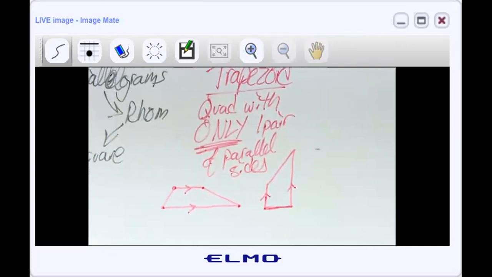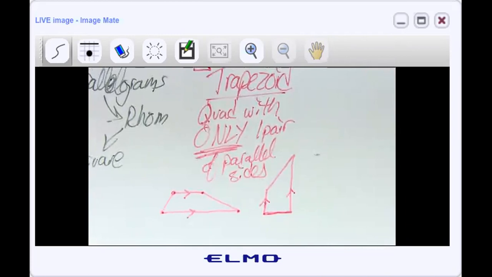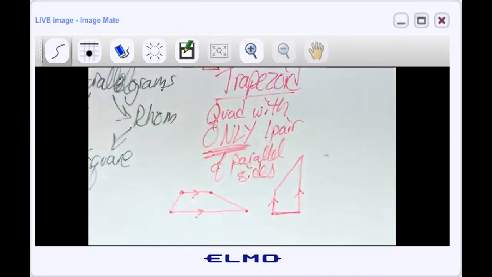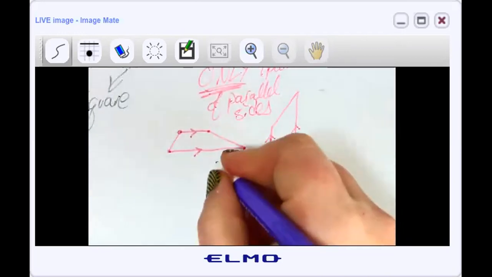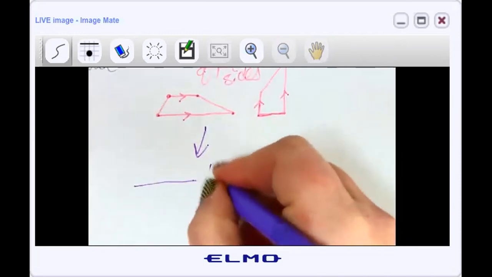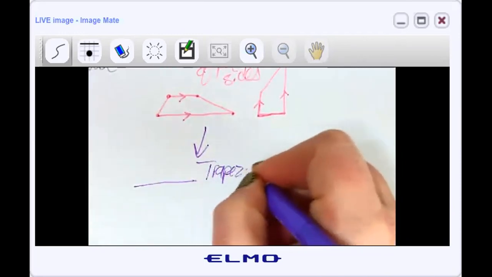Okay, now there is a subset of the trapezoid. There is? Yes, I'll tell you about it. Let's switch to purple. There is a special type of trapezoid where, I wonder if you can guess what the name of it is. It's a blank trapezoid. I'll give you the definition and you tell me.